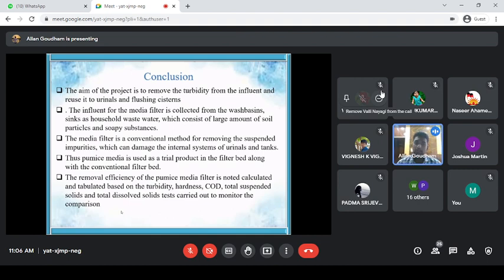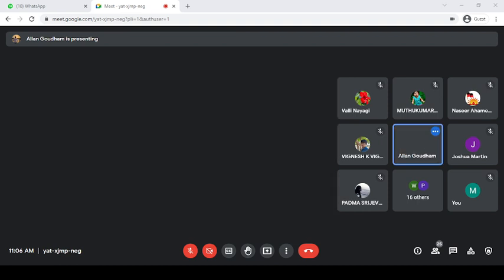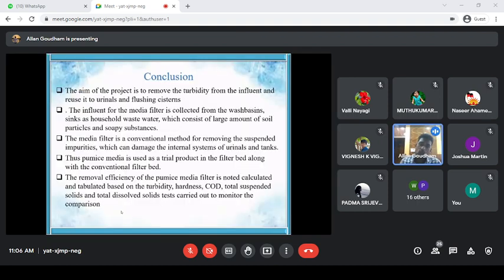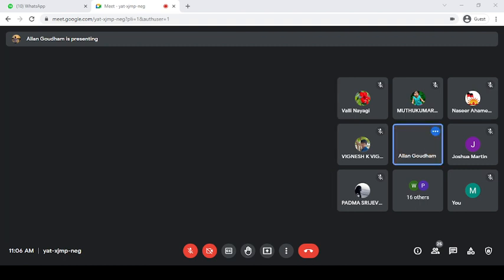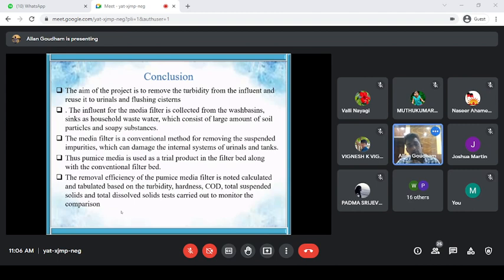Conclusion of our project: the main objective of our project is to reduce water scarcity. In every home, we are using utility water as sink water or bathroom bathing wastewater, and simply letting it go to the ground.